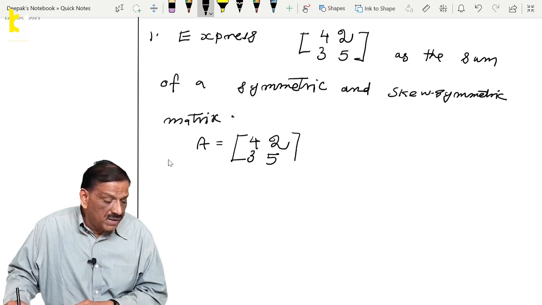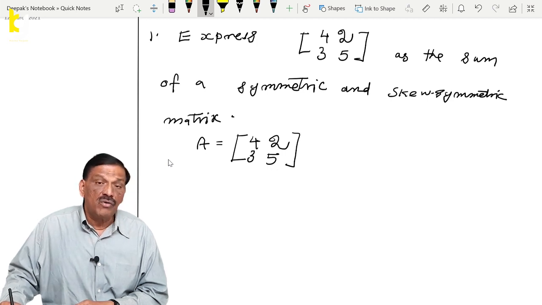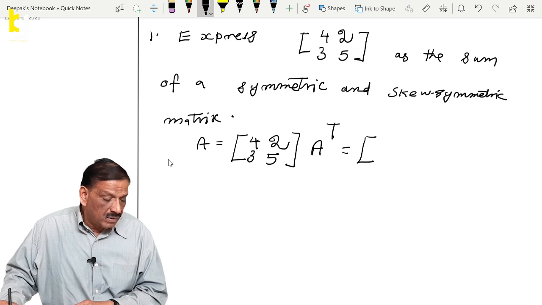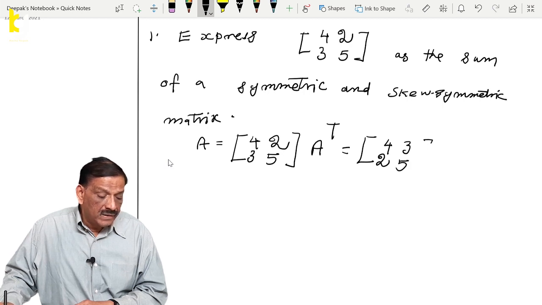This is matrix A. Therefore, we know A transpose equal 4, 2, 3, 5. That we know.